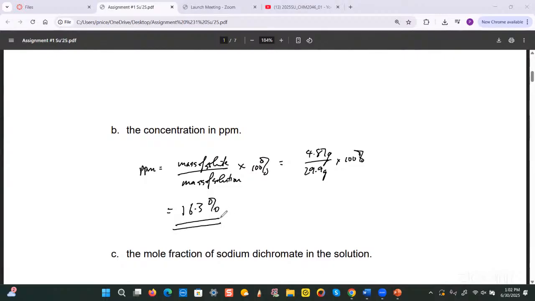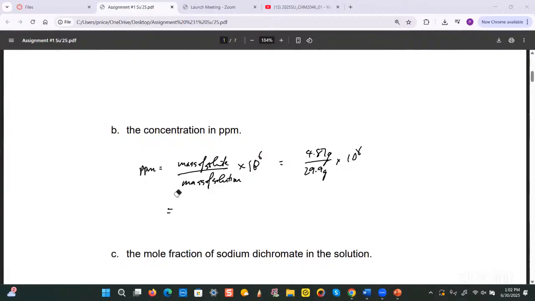Yes, sir. Are we not going to do multiplying it by 10 to the 6 anymore? Oh, 10 to the 6. Thank you very much, actually. Yeah, because it's parts per million. So it's 10 to the 6. Let me correct this here.